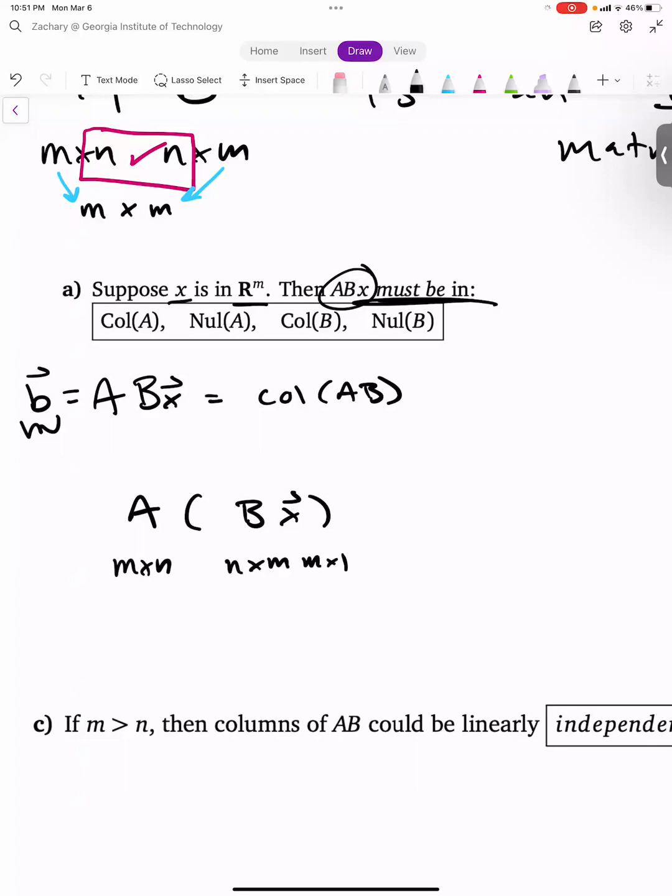If I multiply A, B, and X, I'm going to get an N by one vector. Essentially, I'm transforming X by B only.